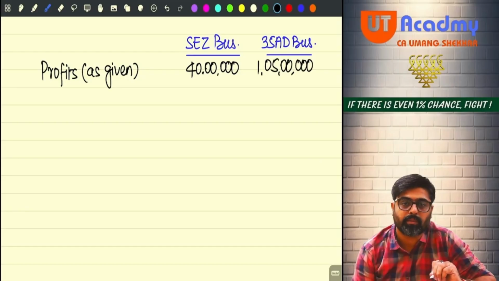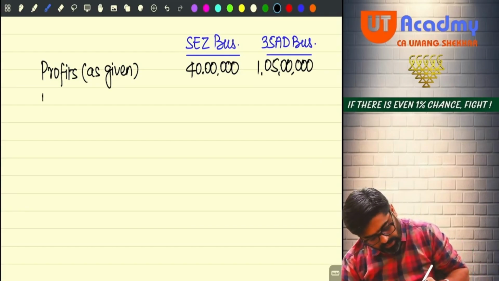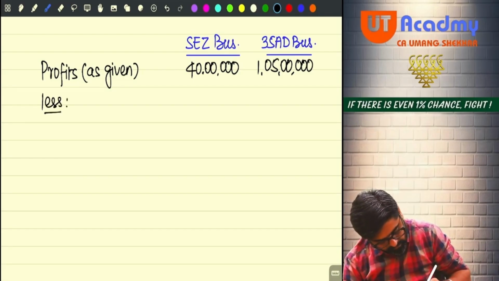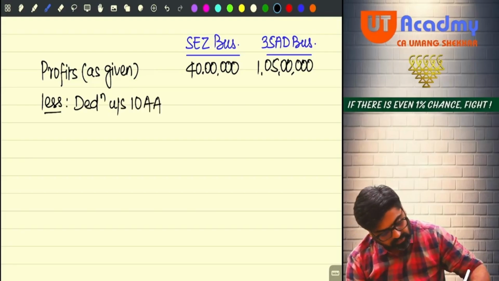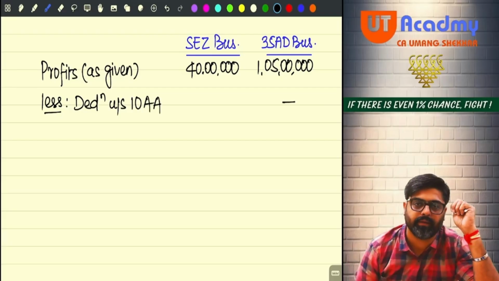Now see, from both the profits now, I am supposed to take some deduction. I am going to take deduction under section 10AA from the first business. Then I cannot take it from 35 AD.